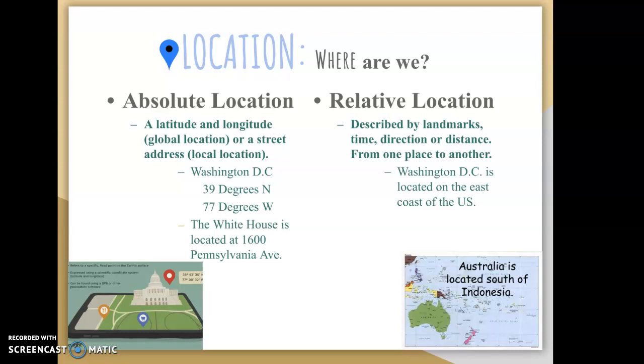It's also like saying Washington, D.C. is located on the east coast of the United States. It's a general location. Australia is located south of Indonesia. It's a general location. It's not like dropping a pin and having that specific location on a map. So those are the 2 types of location and the first theme of geography.